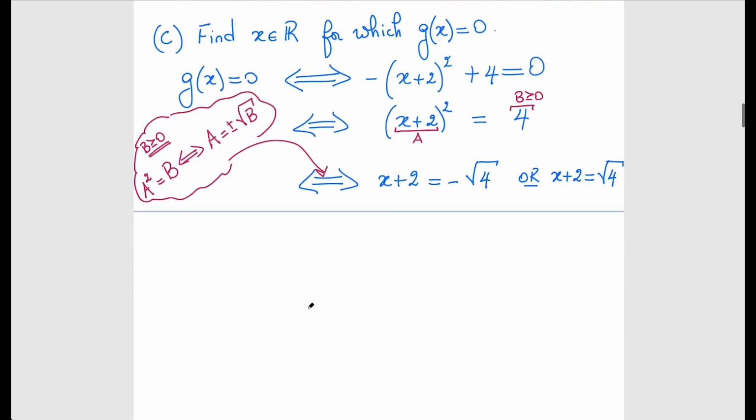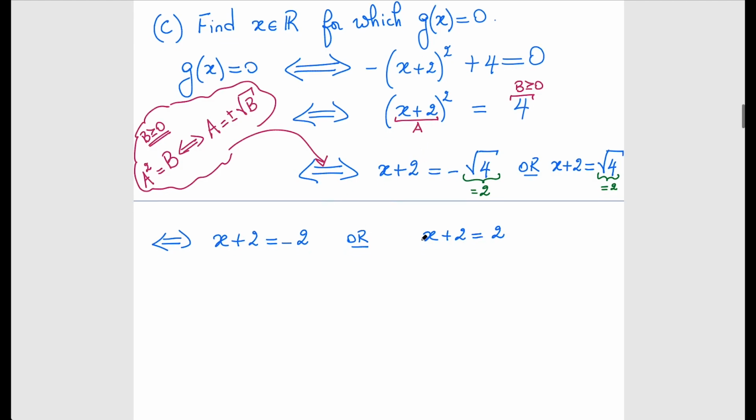What's the square root of 4? It's 2. So x plus 2 is equal to -2, or x plus 2 is equal to 2. One more time, why is this the case? Because the square root of 4 is 2.